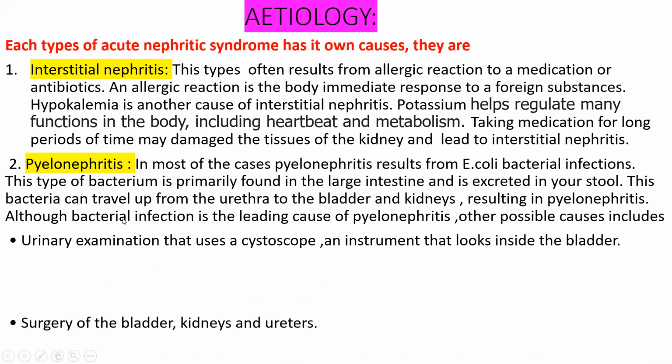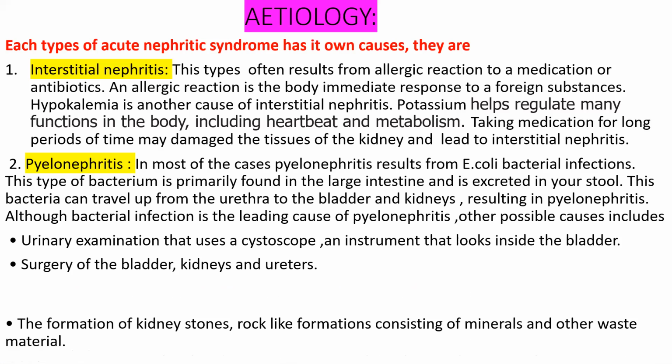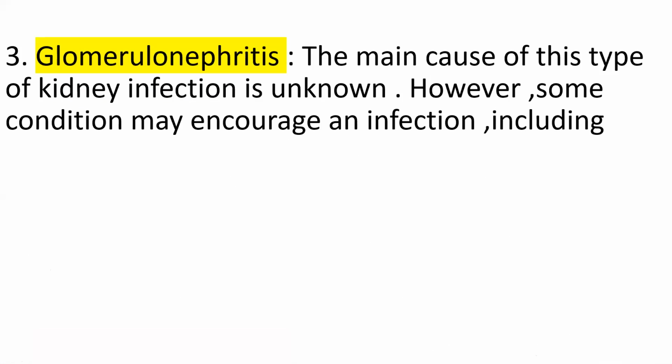So yesterday we already discussed these two causes, so I won't repeat anymore. So the next cause is glomerulonephritis. The main cause of this type of kidney infection is unknown. Glomerulonephritis means there is inflammation occurring in the glomeruli.